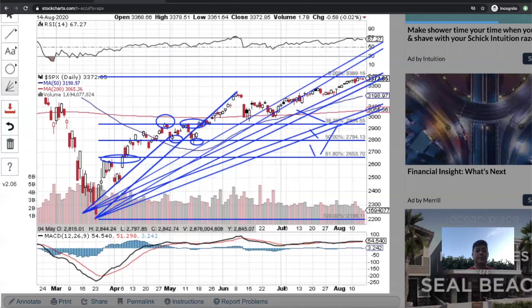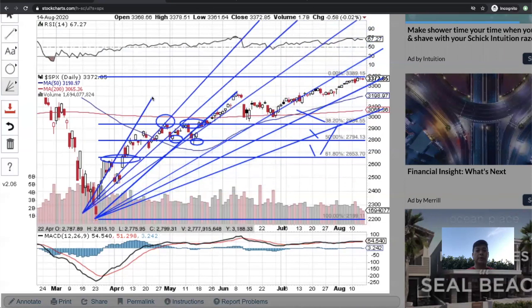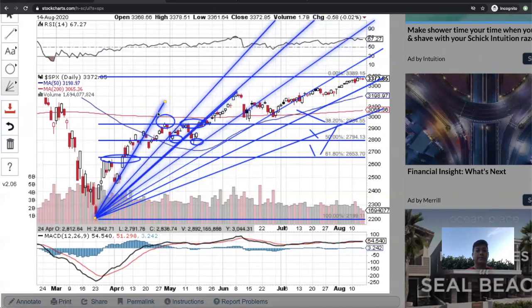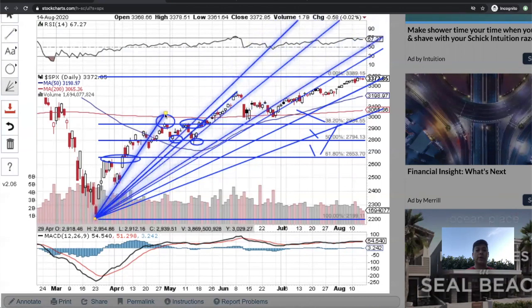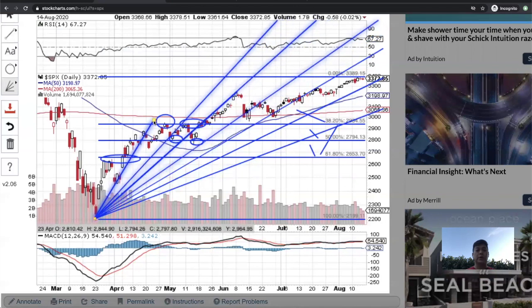Let me also draw the other one here, see if I can match them together. So that's also the other one that you can use in your drawing, considering those are the resistance.